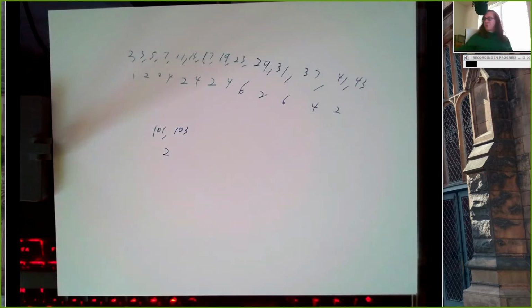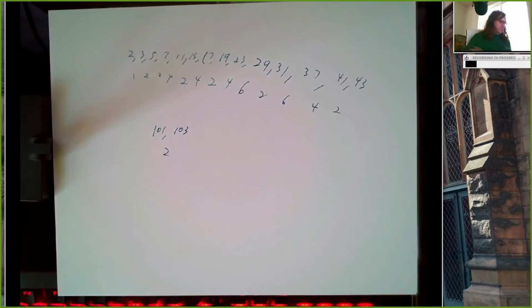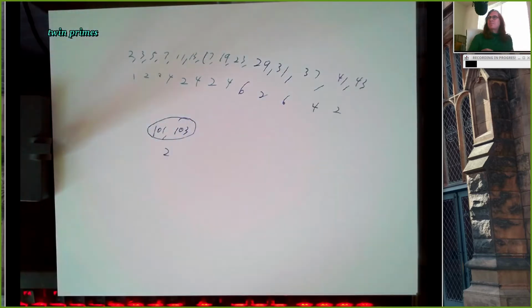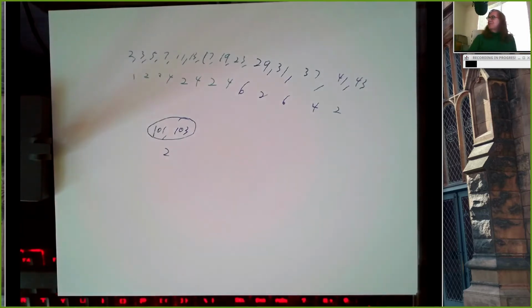And so there are these things called twin primes, which is where you have 2 odd numbers in a row that are each prime. And it seems that no matter how big a number you look at, you always find twin primes bigger than that number.